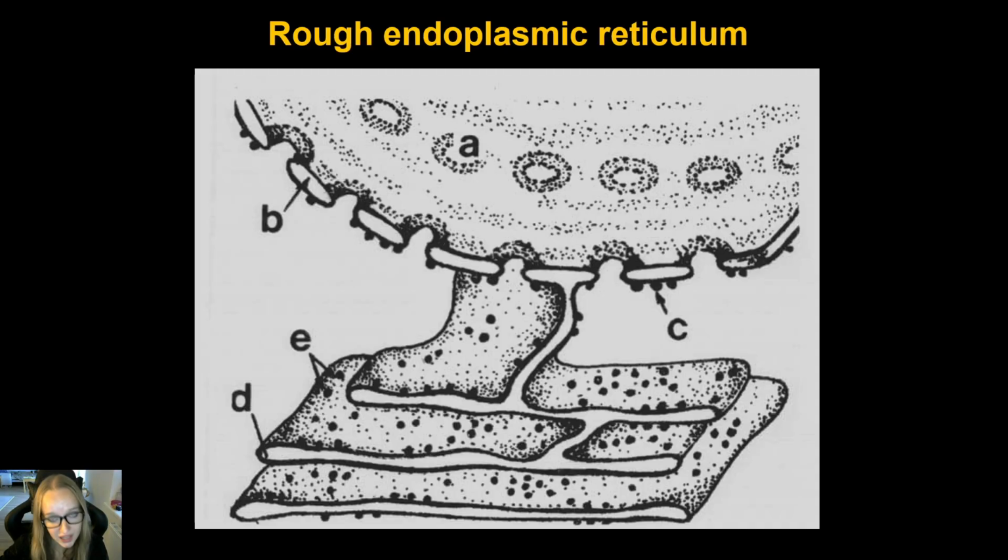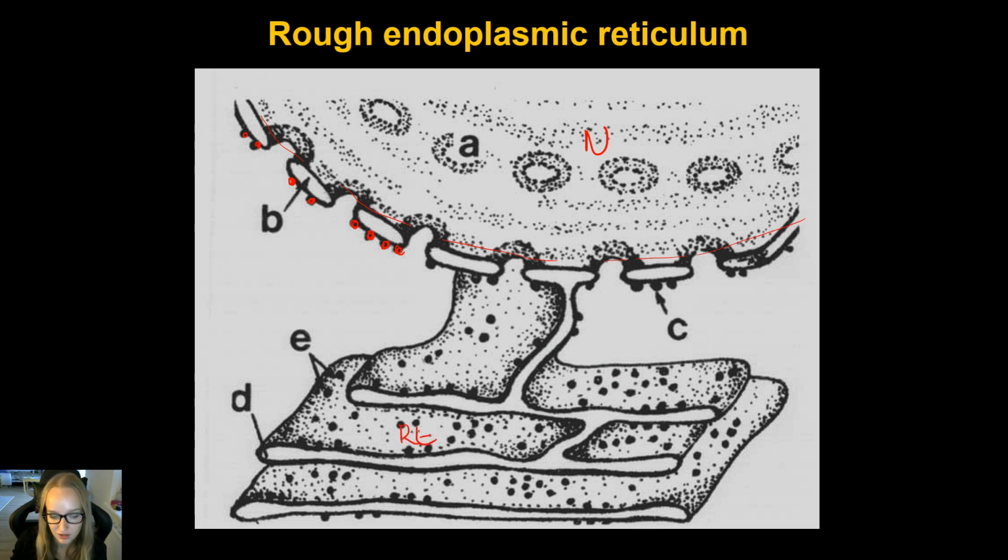In this picture, we can see that rough endoplasmic reticulum, which is very interesting, is connected with the nuclear envelope. So here is the nucleus of a cell, and you already know a nucleus has its envelope, which is made of two membranes, and there are also ribosomes attached to the nuclear envelope. So there are these ribosomes also, and this nuclear envelope is interconnected with rough endoplasmic reticulum right here.